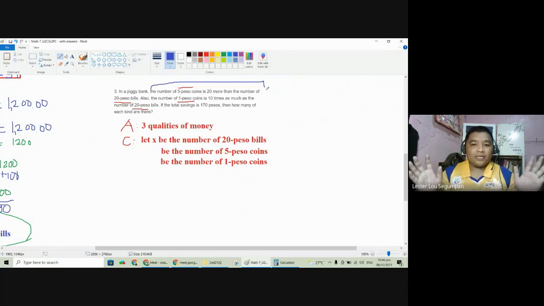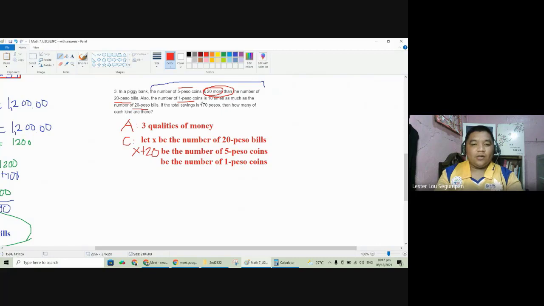And by how much? 20 more than. That's actually the keyword for addition. So if x stands for the number of 20 peso bills, the number of 5 peso coins should be x plus 20. As stated here, 20 more than.